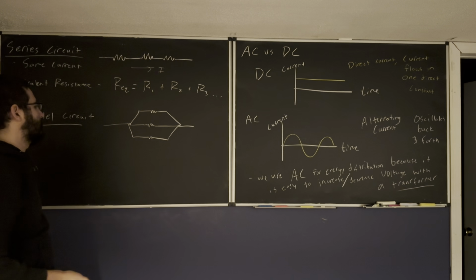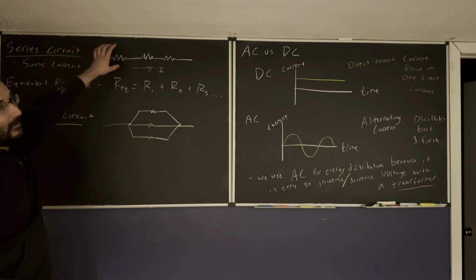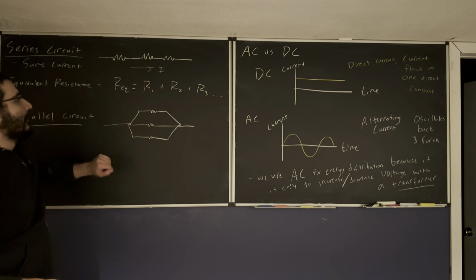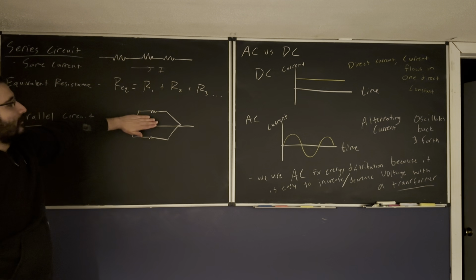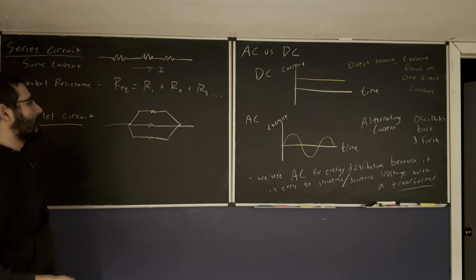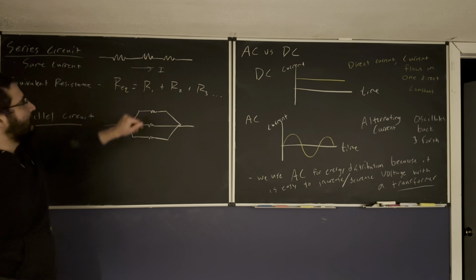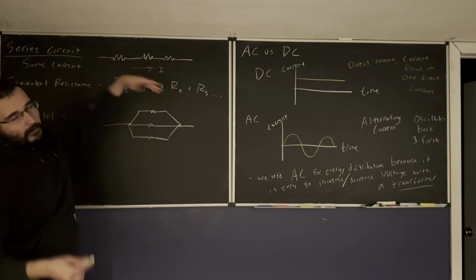That's how you have resistors in parallel. And one thing that gives parallel a clear advantage over series is that if one of the devices breaks, it's no big deal because there's still a path for the electricity to flow, right? So say you had a bunch of Christmas lights. If all your Christmas lights were wired up in series, as soon as one bulb goes out, the whole thing turns off.